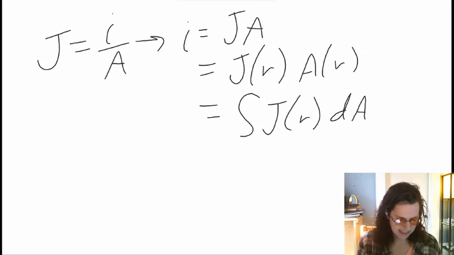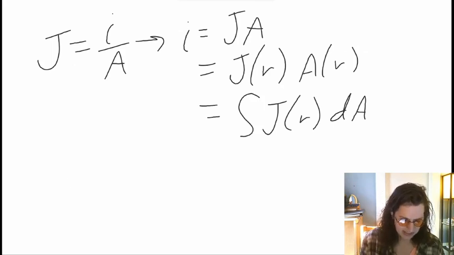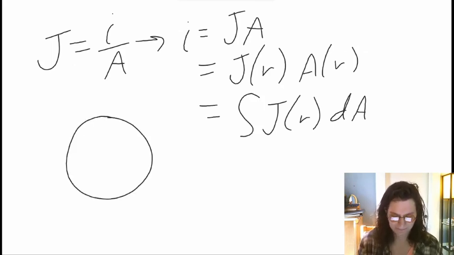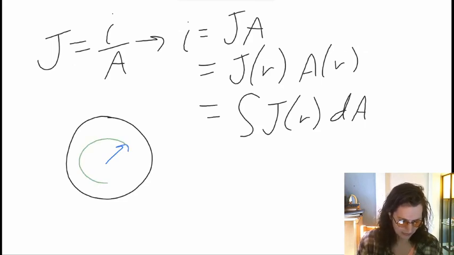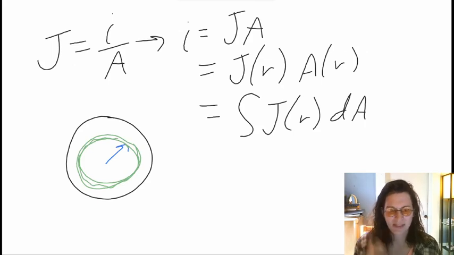How would I define a dA? If this is the first time that you're seeing it, here's the circle that I want to integrate. I'm integrating with respect to R, so I'm integrating this way from the center out, and I'm adding up each little ring. So the dA is a little ring with some little thickness, and that's a little piece of area, and we're going to add all of them up.